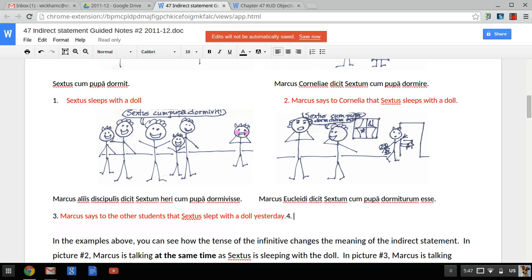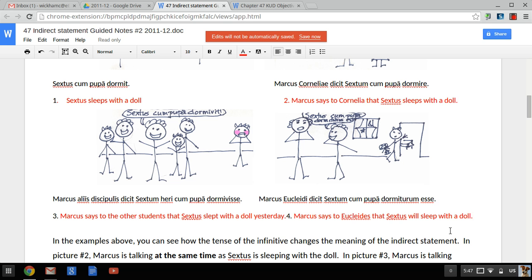Let's see if we can get back up to number 4 there. All right, this one we would then translate as Marcus says to Euclides that Sextus will sleep with a doll.